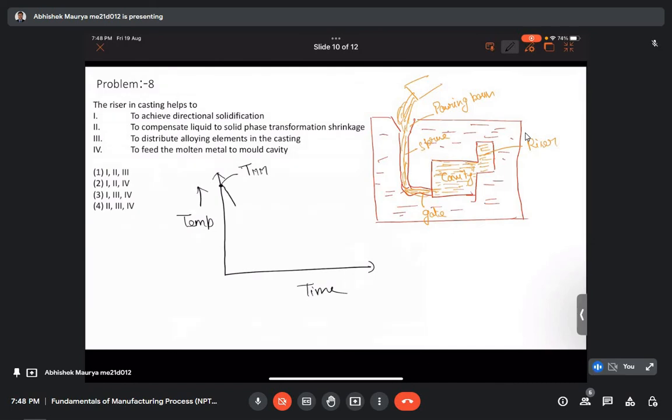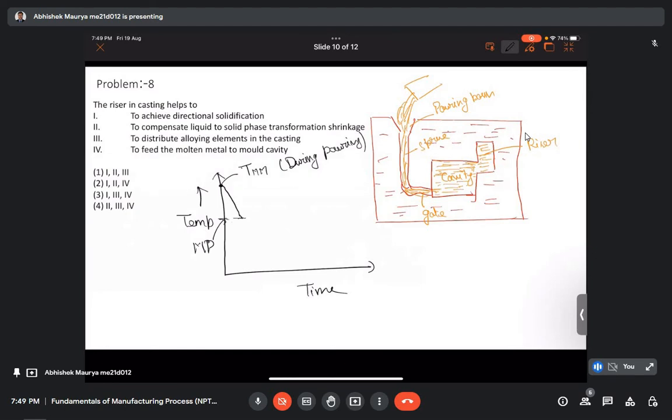And now when we pour, it is the temperature during the pouring. And now the temperature will start decreasing and it will reach the solidification temperature or melting point.